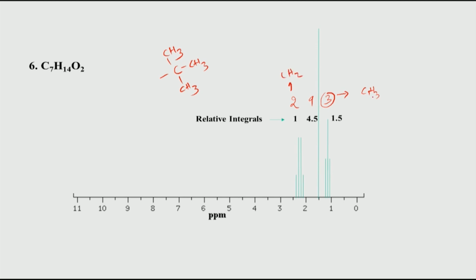Now, suppose I have this kind of a moiety, then this CH2 is coupled to this CH3. So, these 2 protons we will expect to get a quadret, and that is what is here.